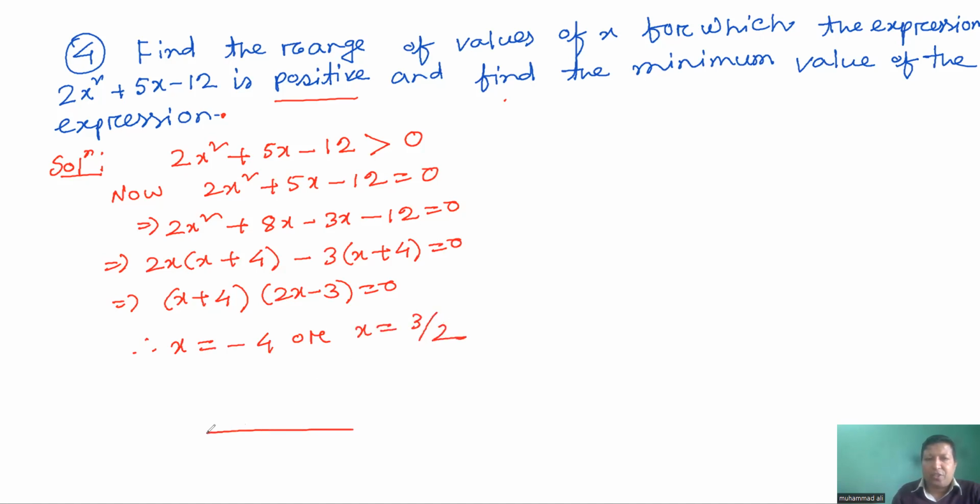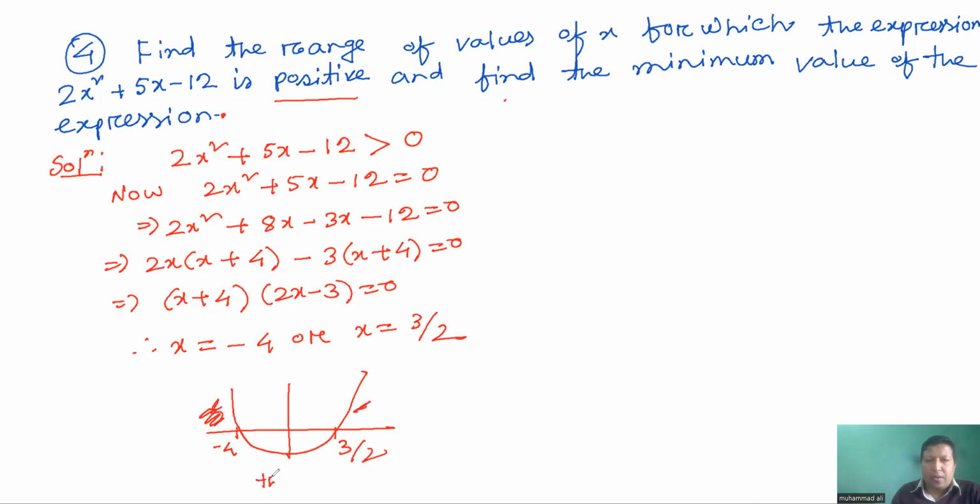So if we sketch this curve, the curve will definitely be U-shaped. It passes through -4 and 3/2. So the range of values of x where the curve is positive, that means we want this part and that part.